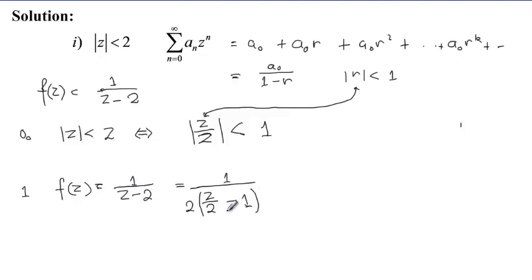Now, when we've got this, we can see that we're closer to getting something like this, but our r is not in the corresponding position as in our geometric series.